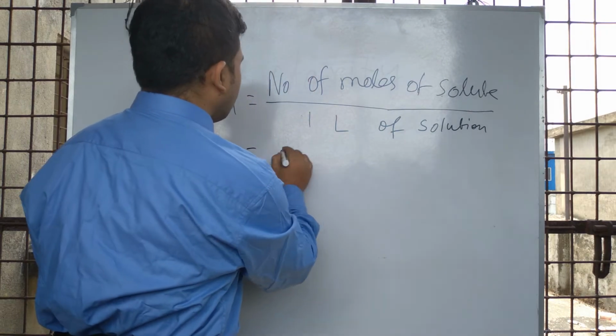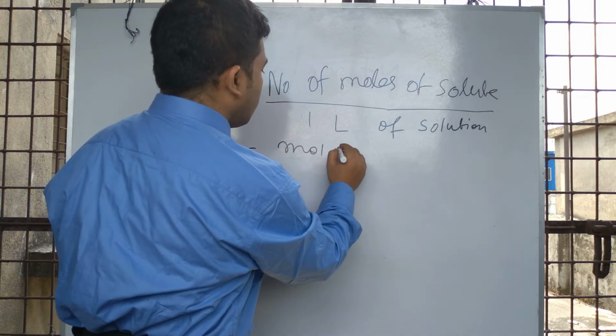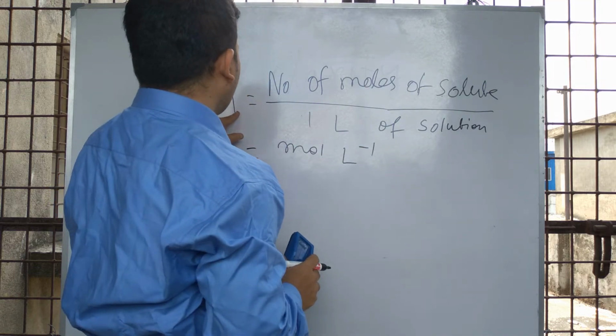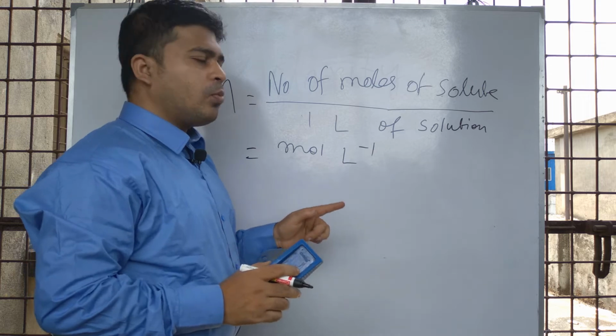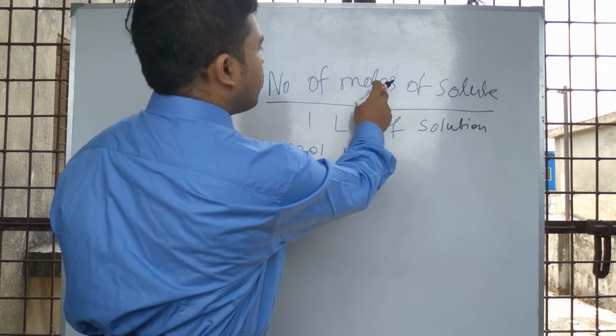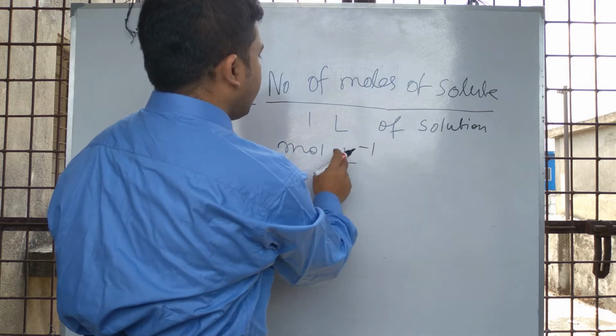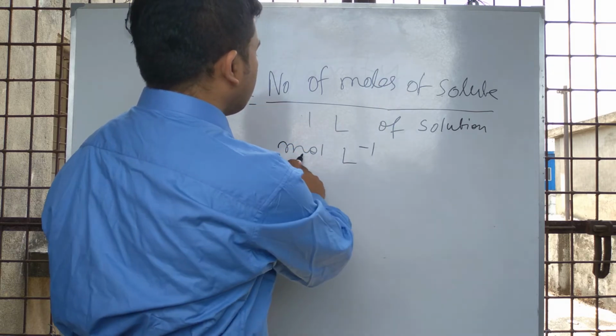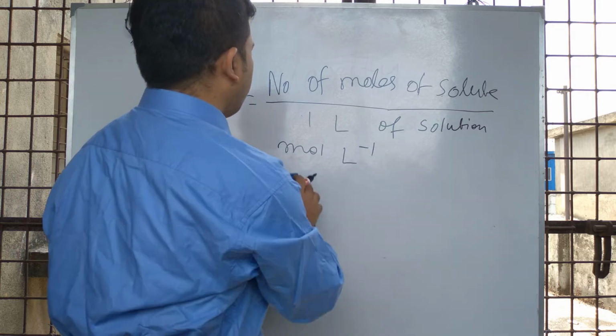Its unit is mole per liter. Molarity is always expressed in mole per liter unit, because the numerator has the unit of mole and the denominator is liter. So mole per liter is the unit of molarity.